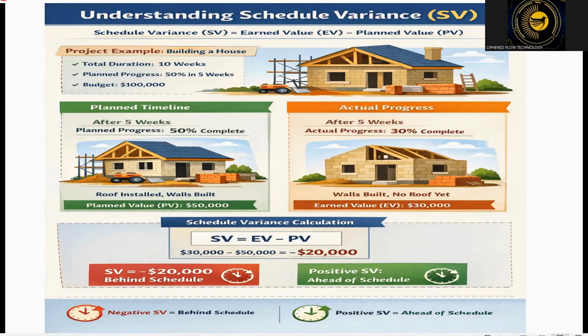So let's say the planned work by today was $50,000 worth of work, but the team has only completed $40,000 worth of work. The schedule variance would be negative $10,000. That means the project is behind schedule. This metric helps project managers to identify the delays before they become disasters.